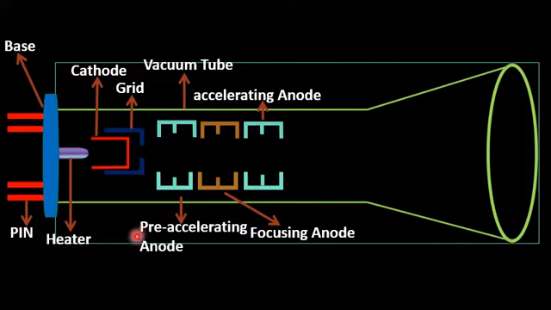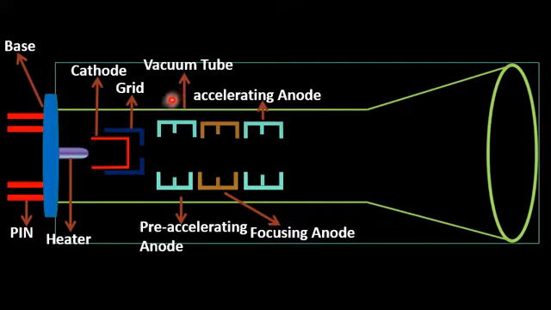The role of these anodes is, first of all, to focus the stream of electrons along the forward direction of the cathode ray tube toward the phosphorescent screen. And number two, these anodes also increase the speed of the stream of electrons toward the phosphorescent screen because of the difference in potential, because of the opposite potential.